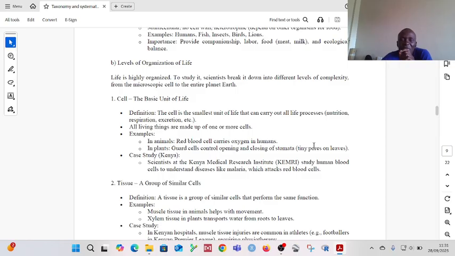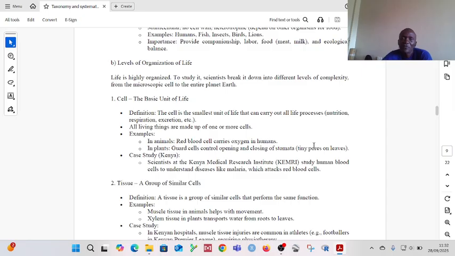And therefore, for you to understand the life of that living organism, you must also understand how that life is organized into various levels. So these levels have different complexities, from the simplest microscopic cell to the entire biosphere.